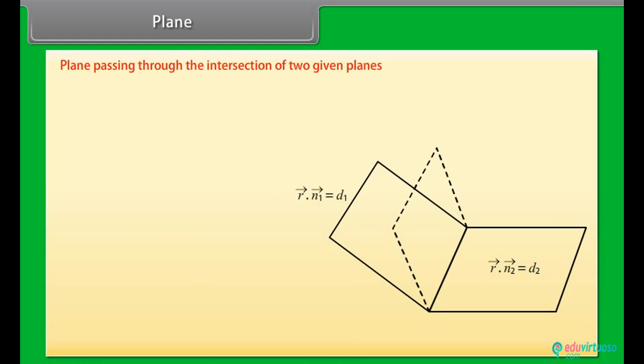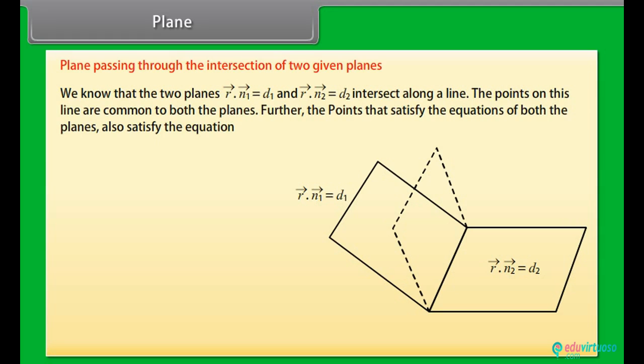Plane: plane passing through the intersection of two given planes. We know that the two planes, the dot product of vector r and vector n1 equals d1 and the dot product of vector r and vector n2 equals d2, intersect along a line. The points on this line are common to both the planes.